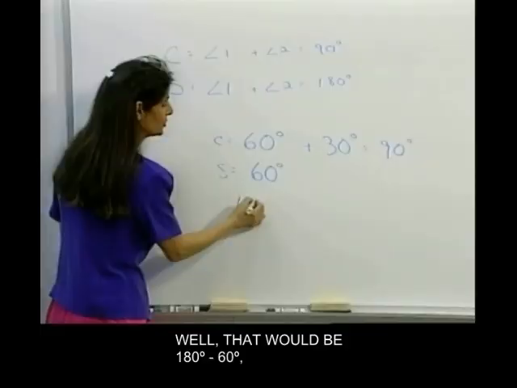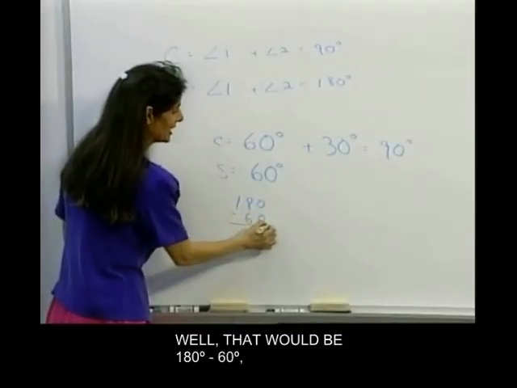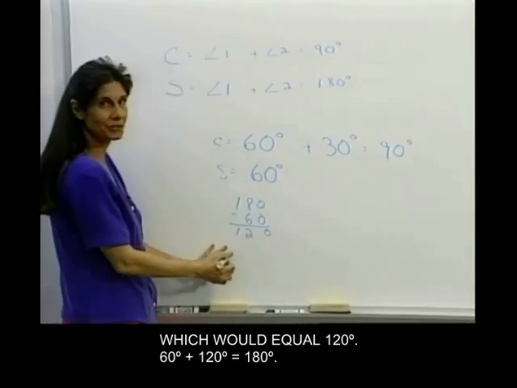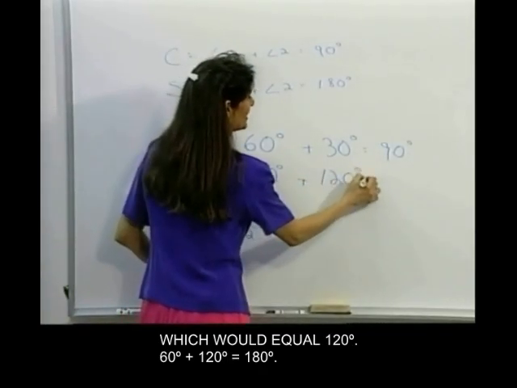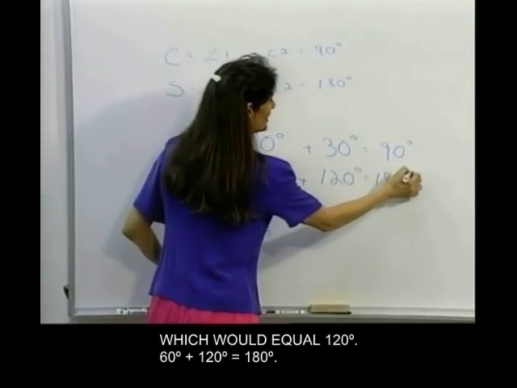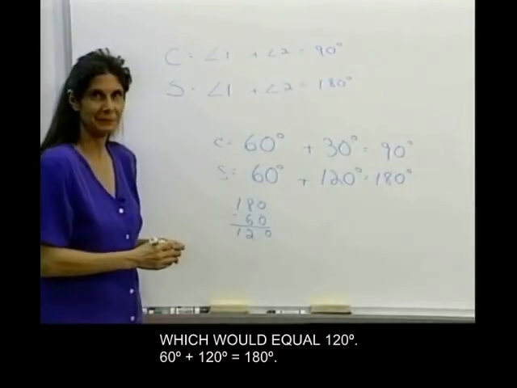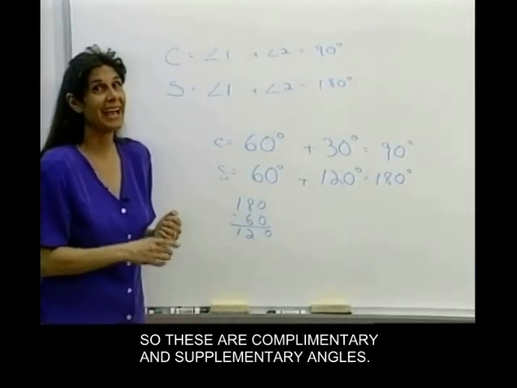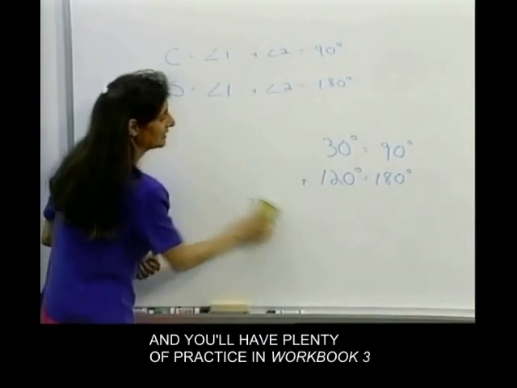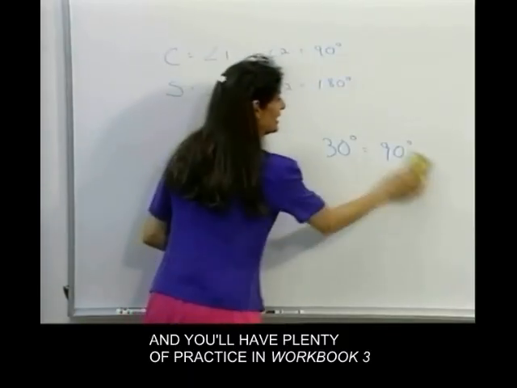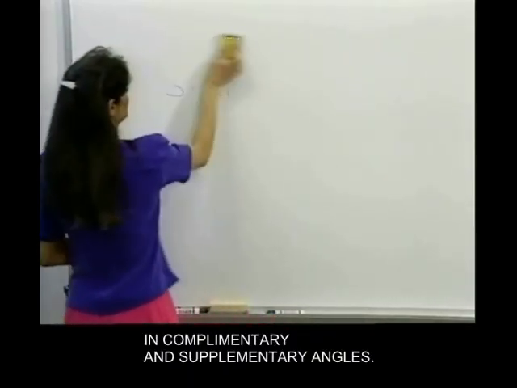Well, that would be 180 minus 60, which would equal 120 degrees. 60 plus 120 equals 180 degrees. So these are complementary and supplementary angles. And you'll have plenty of practice in Workbook 3 in complementary and supplementary angles.